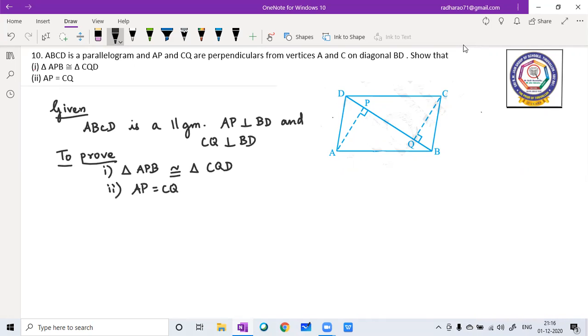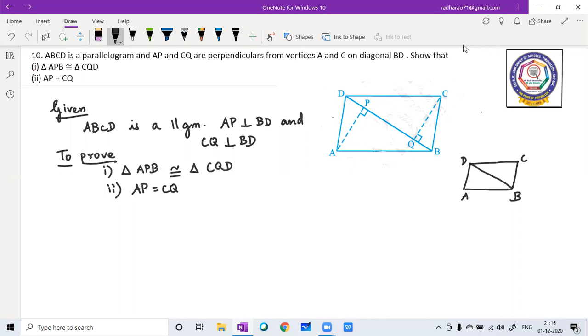So here again, let us apply the parallel lines and transversal property. ABCD is a parallelogram, and BD acts as a transversal.